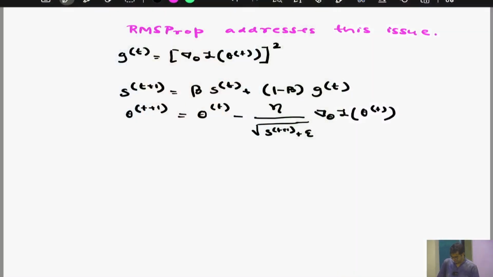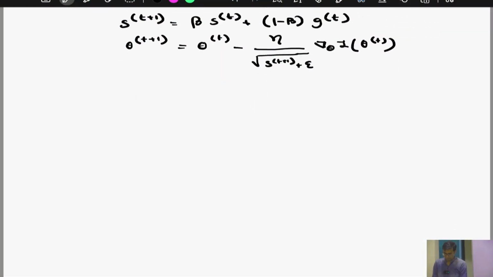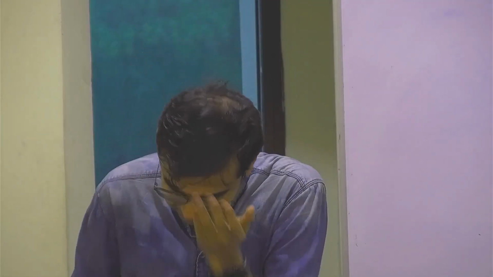And lastly comes Adam, which is one of the most popular algorithms. Adam is the one that does both, that combines RMSprop with momentum based gradient descent. Not NAG, momentum based. I'm not sure why NAG is not done. Maybe I should try it out. You can try it out: what will happen if you combine NAG with RMSprop?